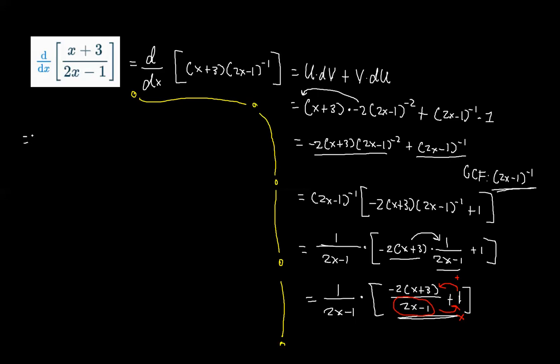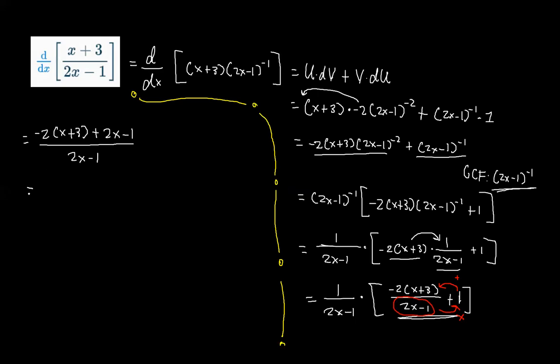The result would be negative 2x plus 3 plus 2x minus 1. And the denominator will just be 2x minus 1. Okay, there we go.